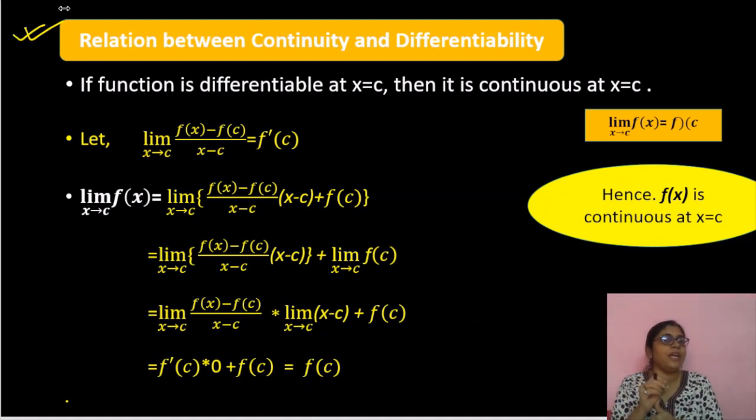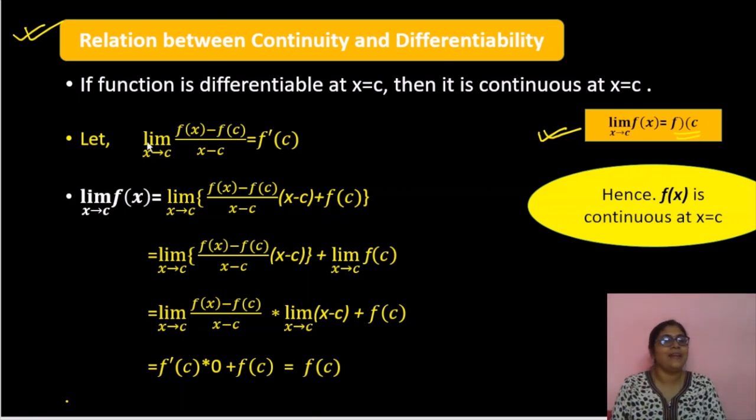So for continuity, what is the condition? Limit of f(x) when x tends to c is equal to f(c). So if we prove this, then we can know that if the function is differentiable at x = c, then it is continuous at x = c.